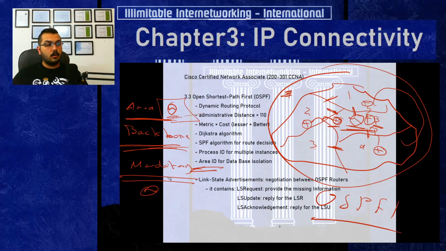So this is very important to have and to operate. This is only the concept of the area ID and the process IDs. In the professional exams, in the upcoming certificates or blueprints or exam materials that you will study, you will discover that there are types of areas. It's not just area 0 or area 5 and that's it. Each area might have a different type. Some complication will happen between each area and another.